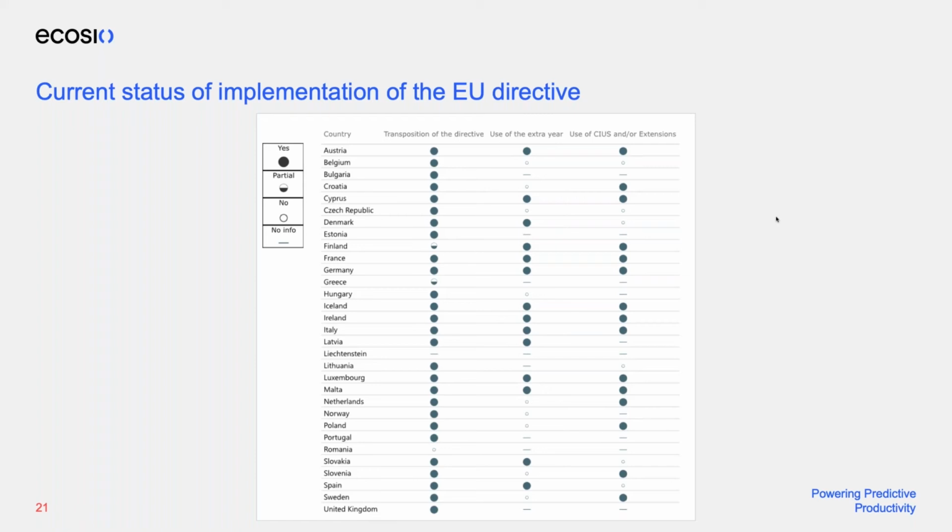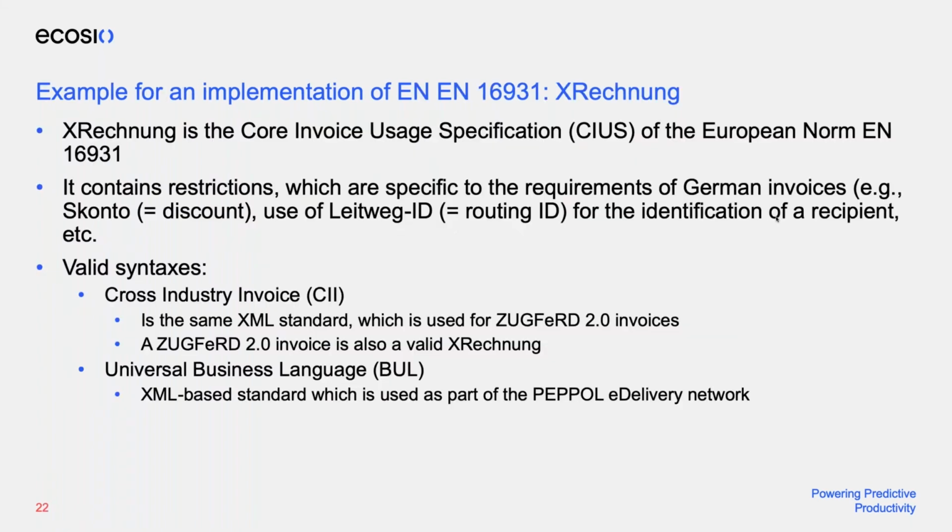One example for such a, say, local or national system is then XRechnung. Rechnung would be German for invoice, and XRechnung is the core invoice usage specification of the European norm 16931 in Germany. It contains restrictions which are specific to the requirements of German invoices, for instance, discounts or the use of that Leitweg ID, which would be the routing ID for the identification of a recipient.